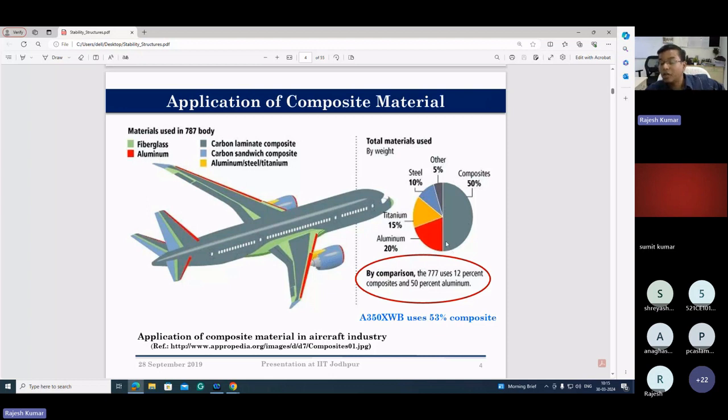Look at this 50%. Nowadays, we are going to use more composites compared to aluminum and titanium, and we slowly increase the percentage of composite materials. Airbus uses 53% composite materials.